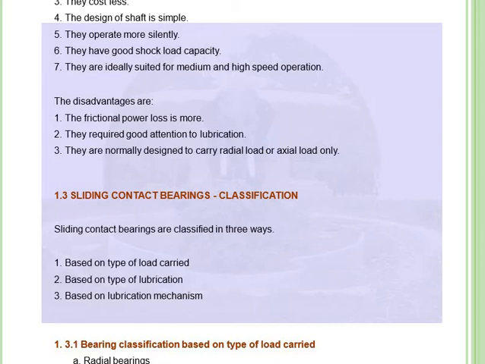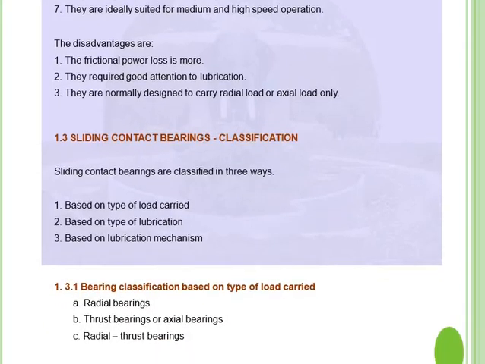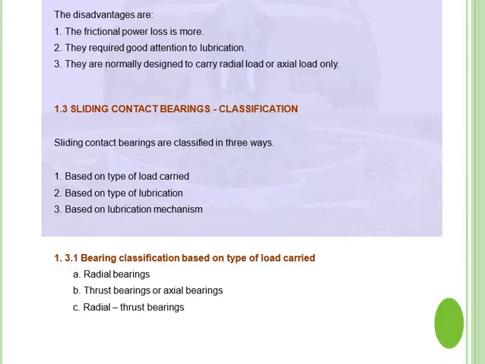Another important factor is the lubrication mechanism, such as pressure lubrication; there are many types of lubrication systems, and we decide which is applicable. Based on the load carried, first we have radial bearings, which carry radial load, and second, thrust bearings.